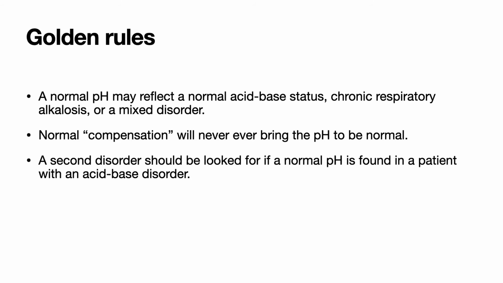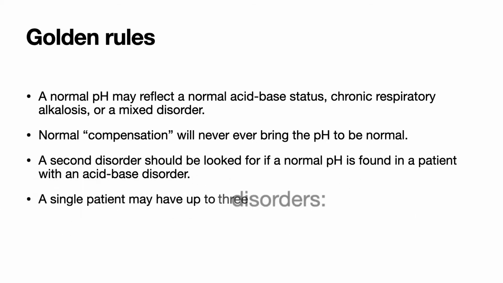A second disorder should be looked for if a normal pH is found in a patient with an acid-base disorder. And that one, I really want to make louder. So a second disorder should be looked for if a normal pH is found in a patient with an acid-base disorder.